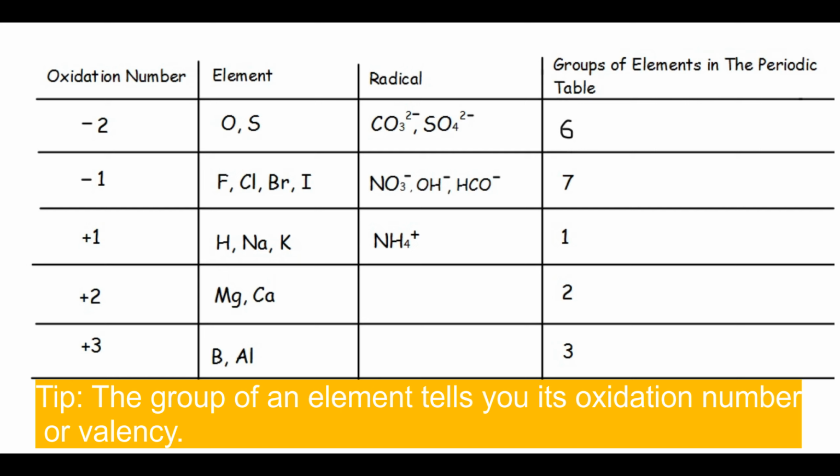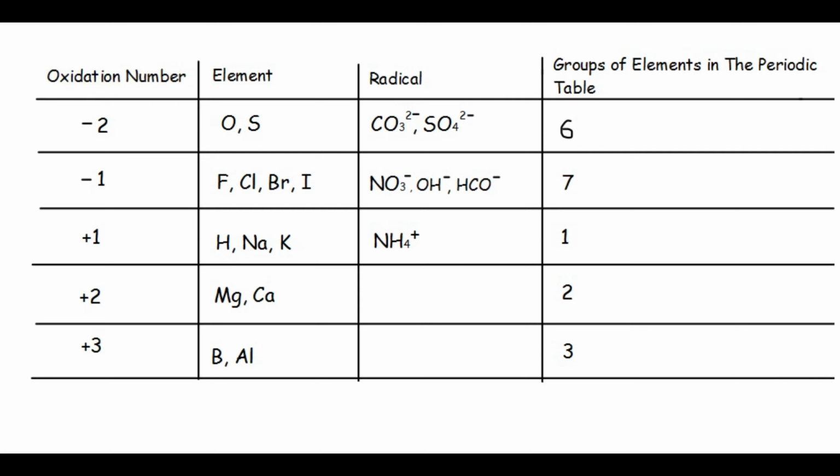Now, a brief breakdown of this table is we have our oxidation numbers here and the elements which have these particular oxidation numbers. We have radicals which have also the oxidation number, and finally we have groups which the elements belong to in the periodic table.